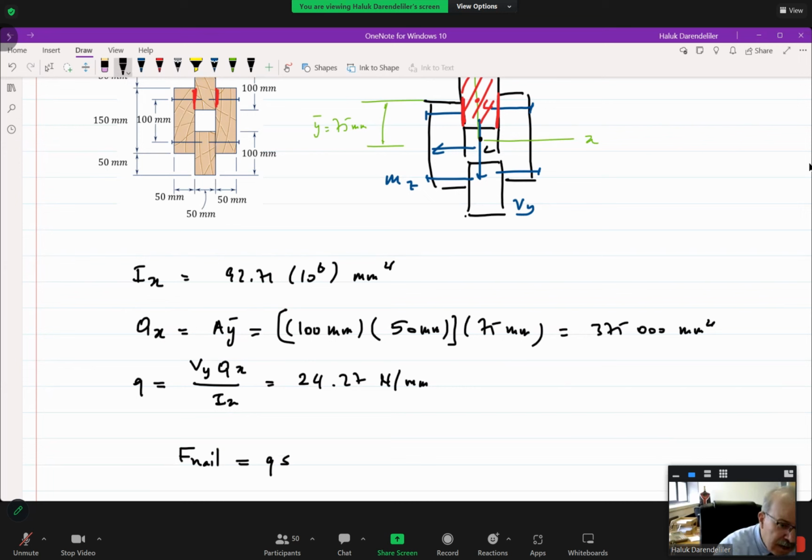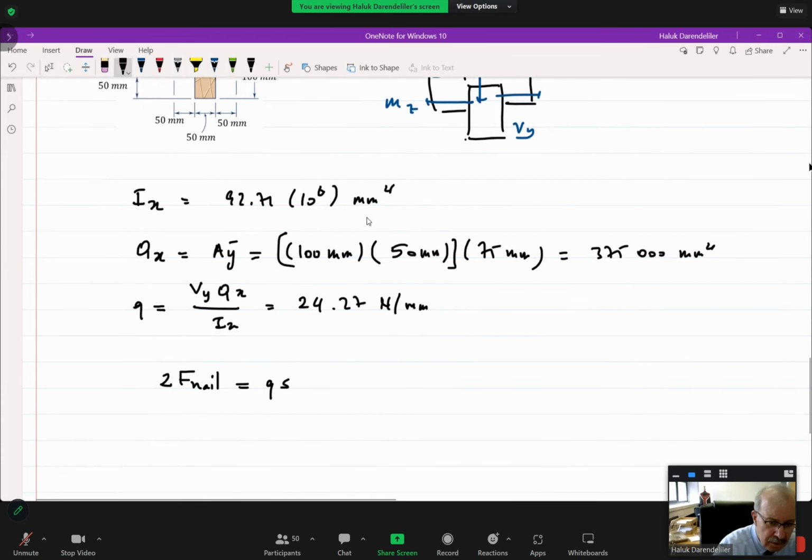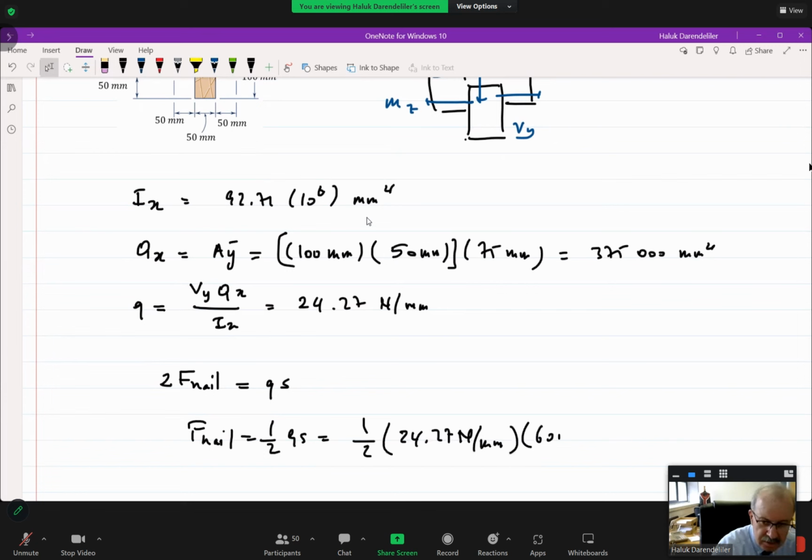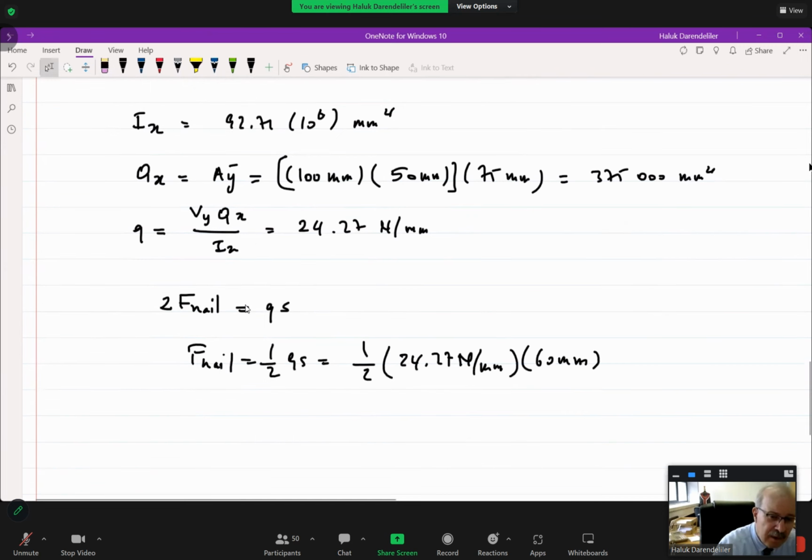So multiply it with 2. And now from here, F nail is equal to 1/2, right? q times s, q is equal to 24.27 newtons per millimeter, times s is equal to 60 millimeters, and therefore each shear force carried by these nails is equal to 7,281 newtons.